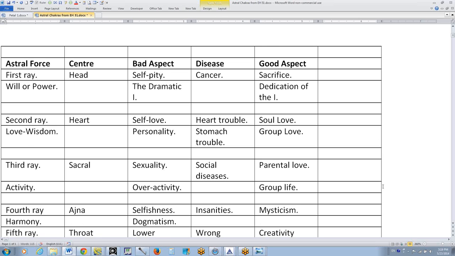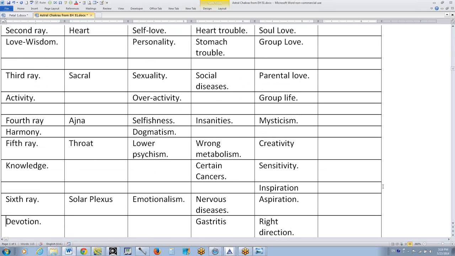Some different emphases I think we see. The fourth ray is working through the ajna, as it sometimes does in the etheric level when Mercury is operating. Harmony is the ray, and we can get selfishness and dogmatism. That I find really interesting, because usually I would associate that with the sixth ray, or an idée fixe of the fifth ray.